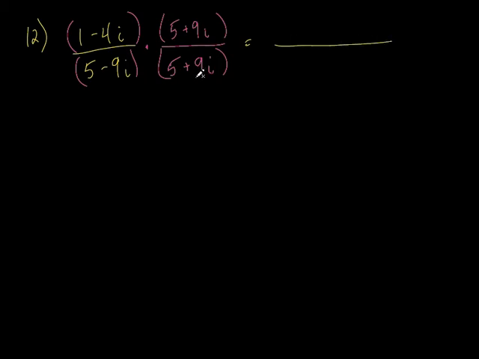Alright, let's do this multiplication. I like to do the bottom first. Multiplying by a conjugate is kind of easy because you could think FOIL method, but really, what happens to the outside and inside? They cancel each other out. So really all I got to do is the first and the last. 5 times 5 is 25. Now look at this. If you've done these things for a little while, you should see a pattern going on. It's negative times positive, which is negative, but you've got an i times an i, which is an i squared.